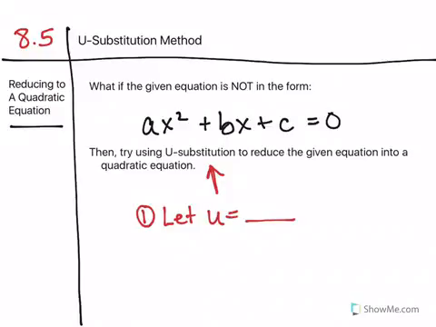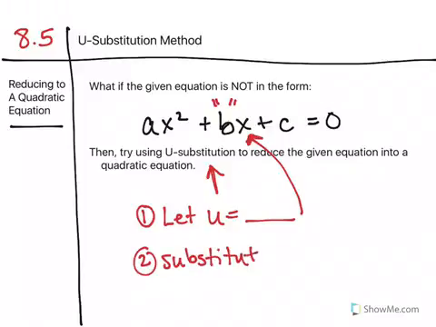That value is going to be whatever the b value happens to be attached to in the equation that we are given. You'll see what I mean in the next slide when we do an example. And then we're going to substitute u into the equation.